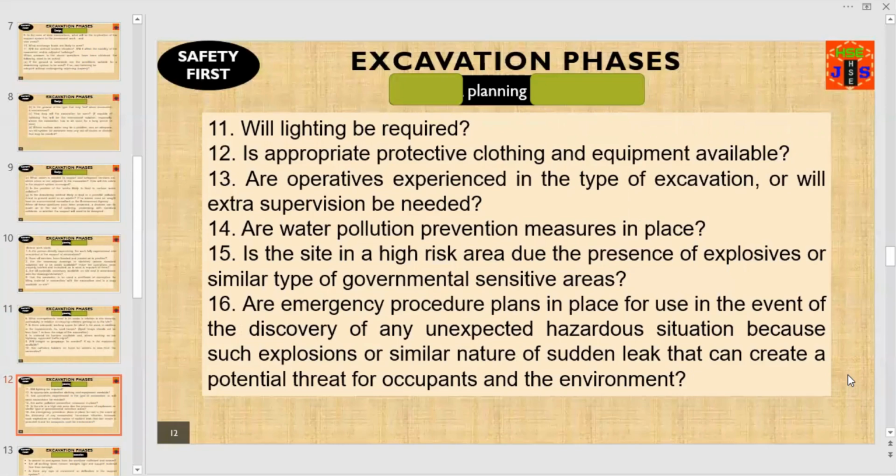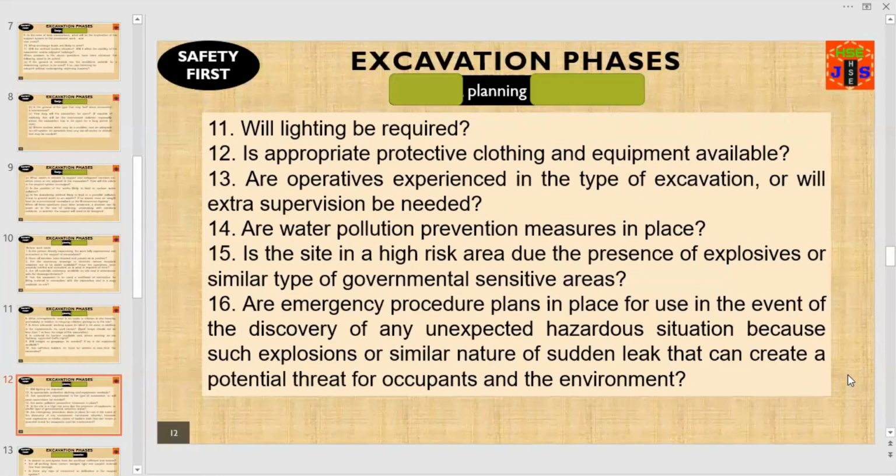Number 15, is the site in a high risk area due to the presence of explosives or similar types of governmental sensitive areas, like those under the use of defense forces?